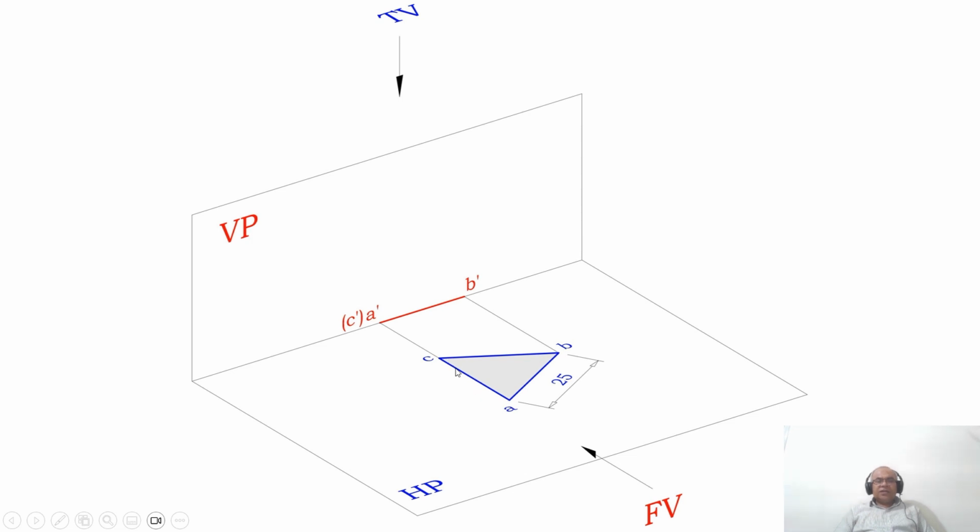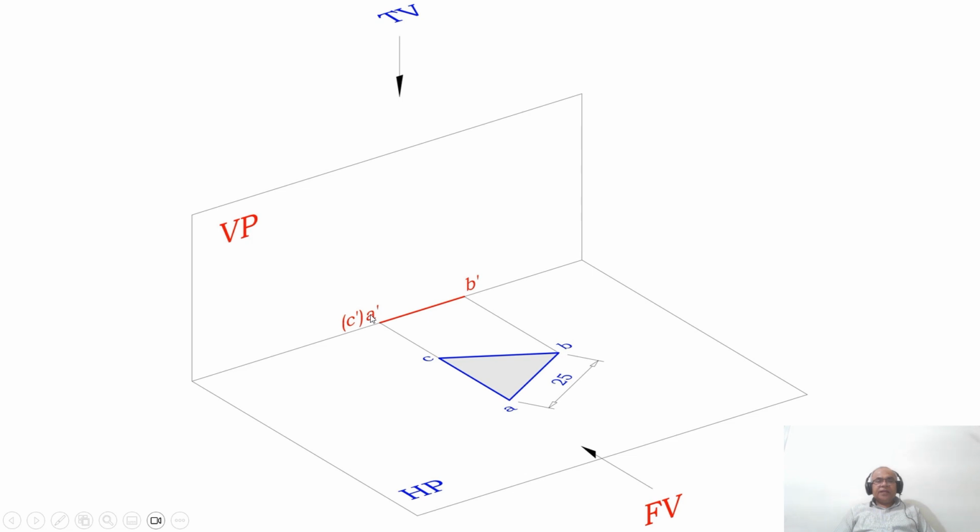So how do I know that once the surface is parallel to HP, what happens to the surface with respect to VP? With reference to the VP, it will be perpendicular. Therefore, when you look from the front view, you can see that you are getting a line in vertical plane, because once you look from the front view, the image will fall on VP. How do I know that it is parallel to HP?